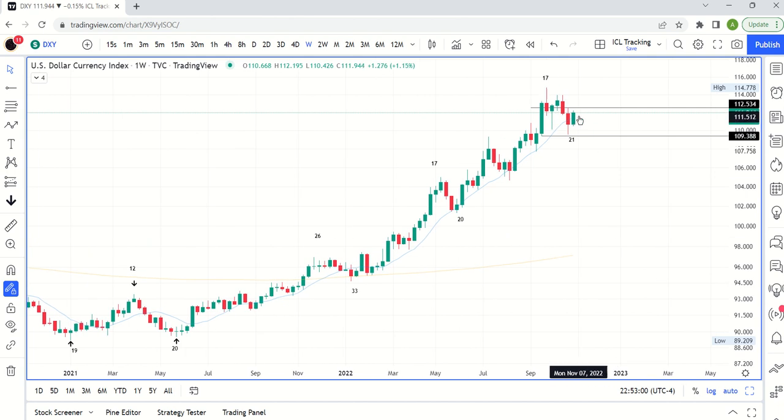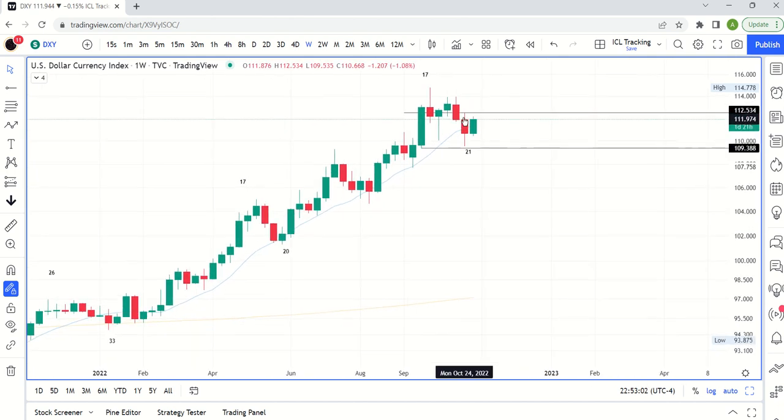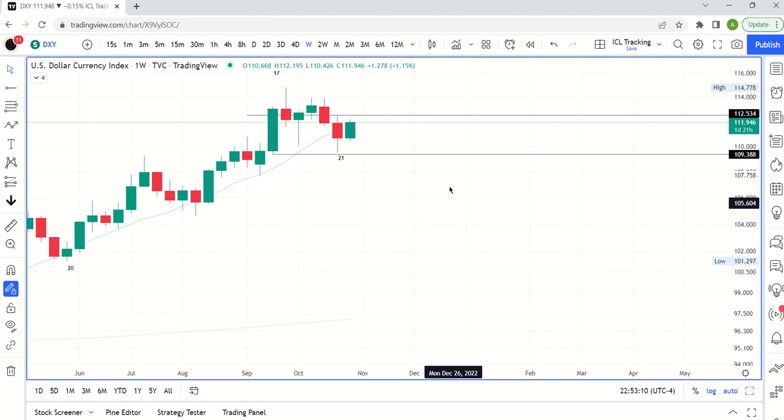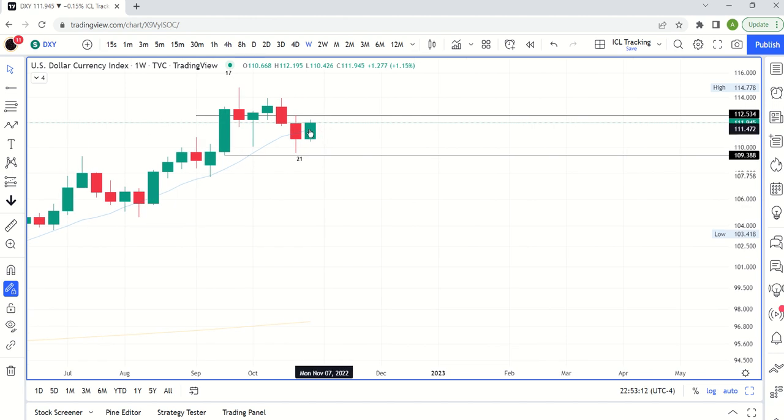But this idea that we're trying to make a weekly swing low, we need to get above 112.534, and we're not quite there yet. But this nice green candle on the weekly so far is definitely trying to set us up for that. And again, we could get a massive reversal tomorrow and Friday to complete the Fed volatility.